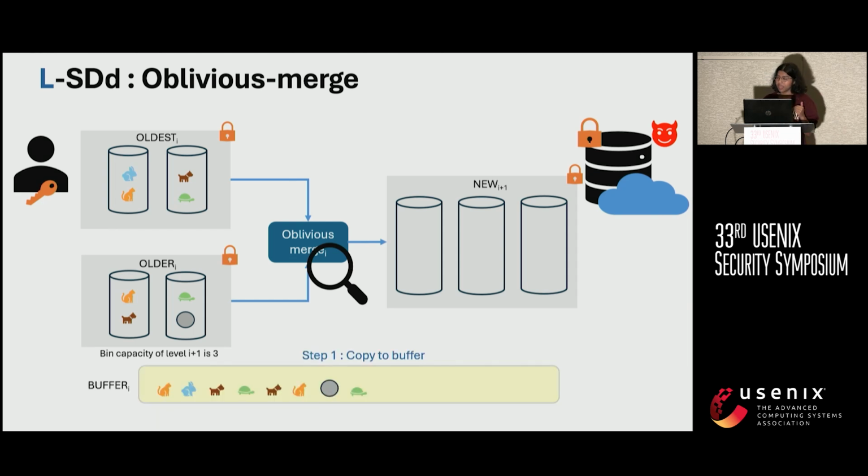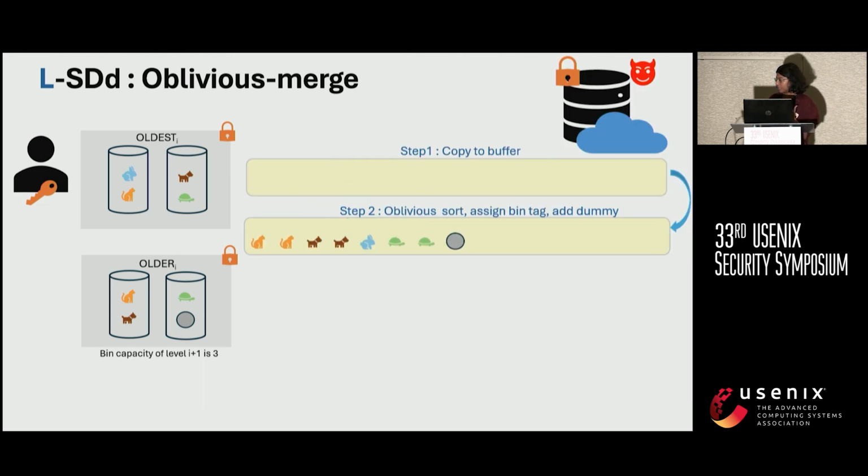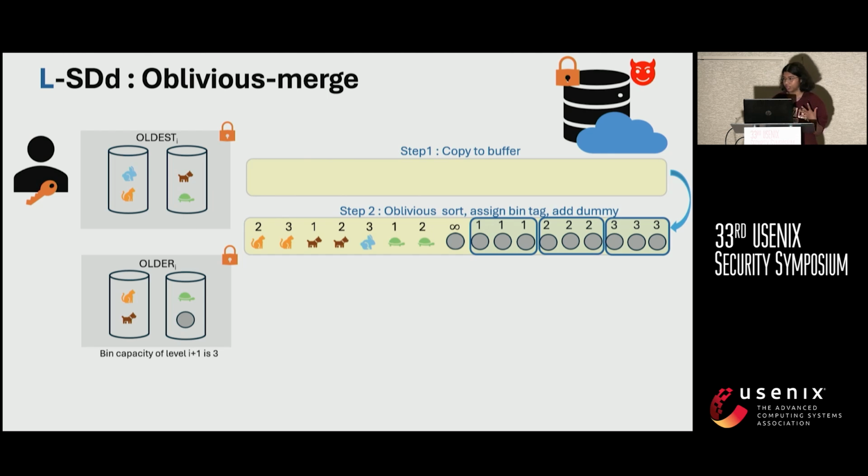First, everything from the oldest and older indexes is copied into a buffer, and then the buffer is sorted obliviously with respect to the lexicographic order of the keywords, and then each of the entries is assigned a bin tag. Then we add extra dummy entries up to the maximum capacity of each bin, which is 3 here, because we don't want to reveal how many real or dummy entries each bin has.